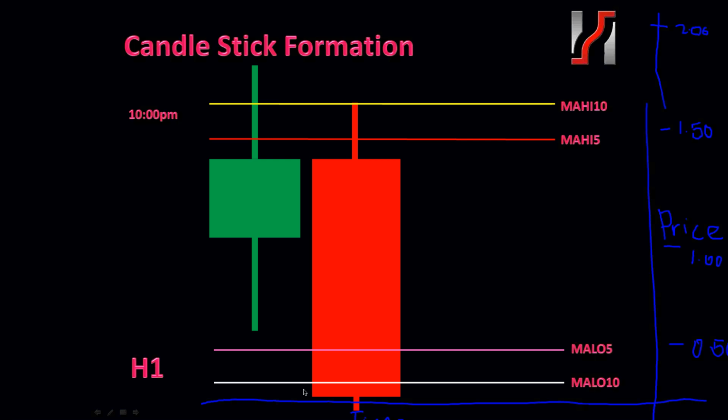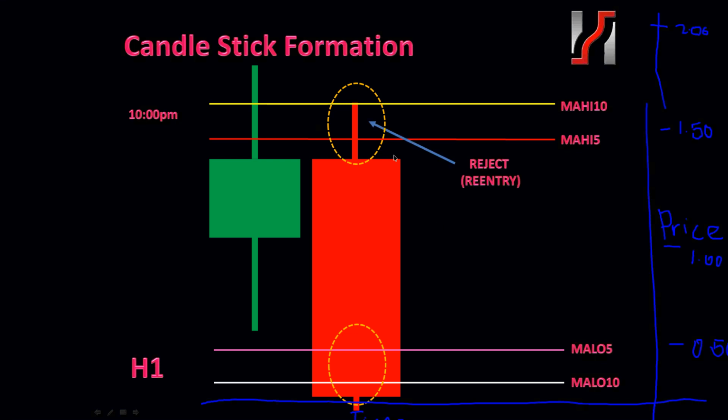So when you have a candle that managed to break MALO 5 or MALO 10, but the most important one is MALO 5, it tells you that the price is going down, that the price has broken through the buy indicators and the sellers have won. Okay, so these two are very important.